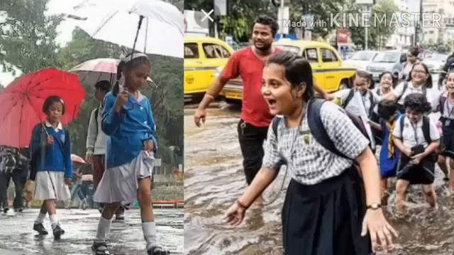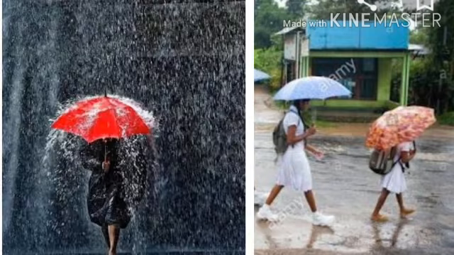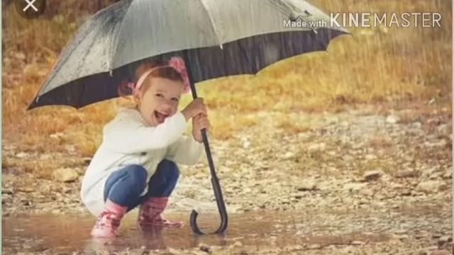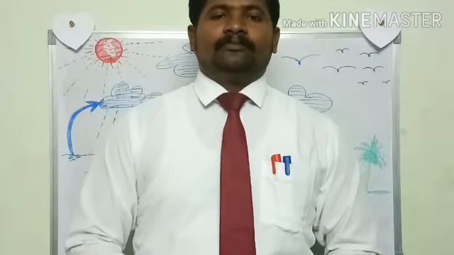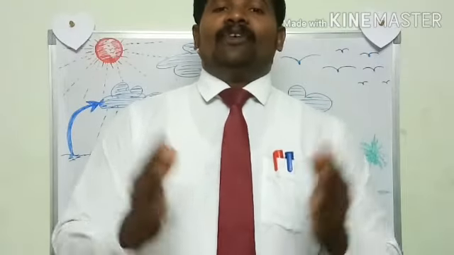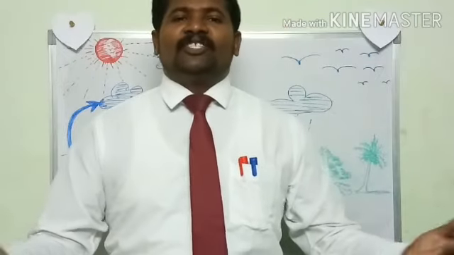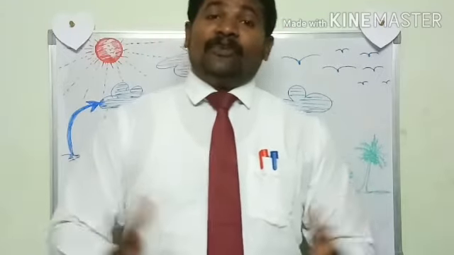And do we notice this type of phenomena throughout a year? Why can't we notice it throughout a year, and we notice it only in a particular season? In which season do we notice this type of phenomena?